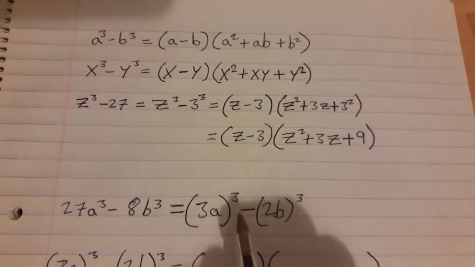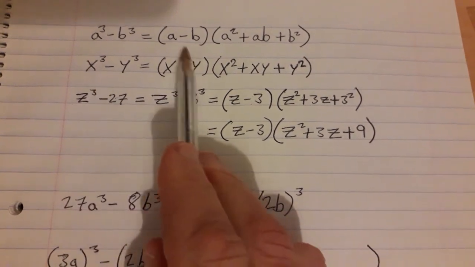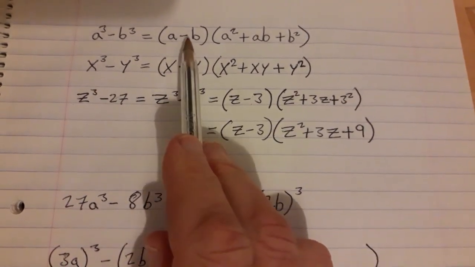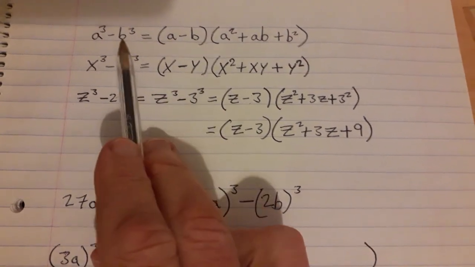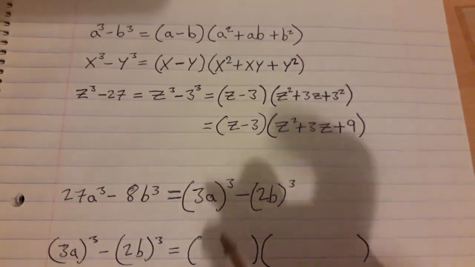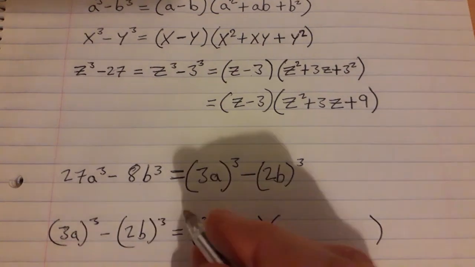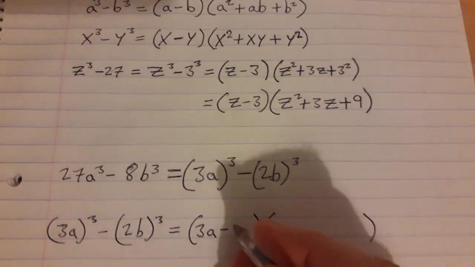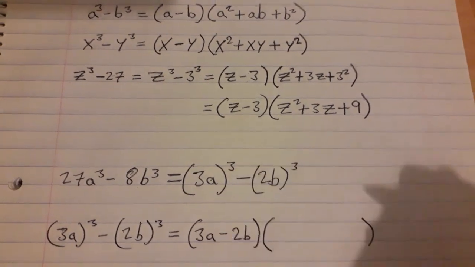We know from above that the first factor with the 2 terms has the first item with no squares or cubes, minus the second part with no squares or cubes. So the first part here is 3a minus the second part, which is just 2b.